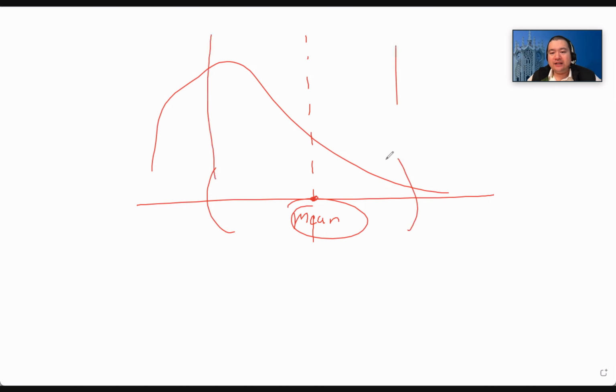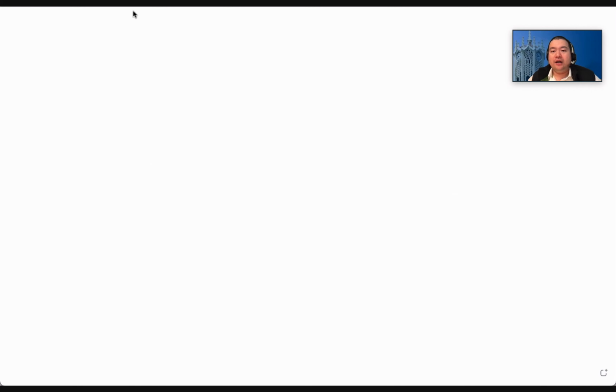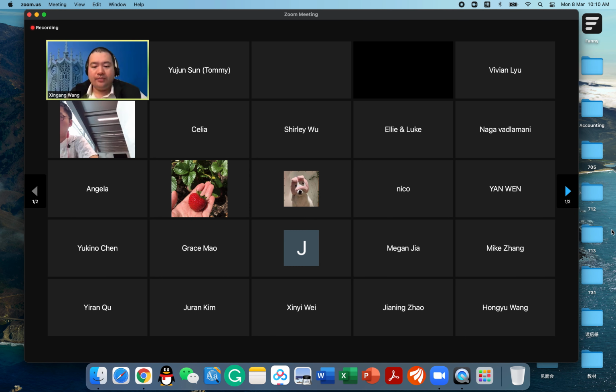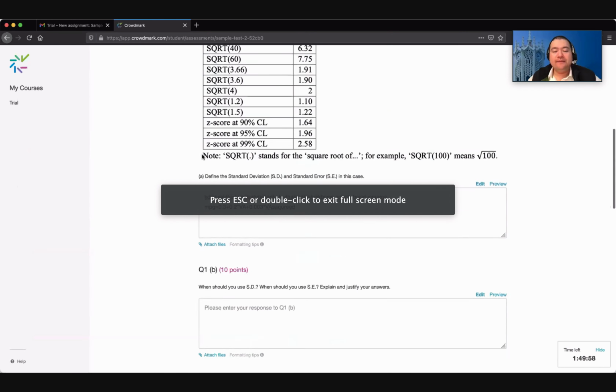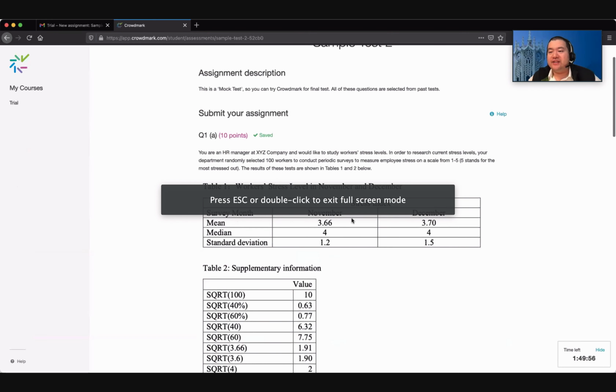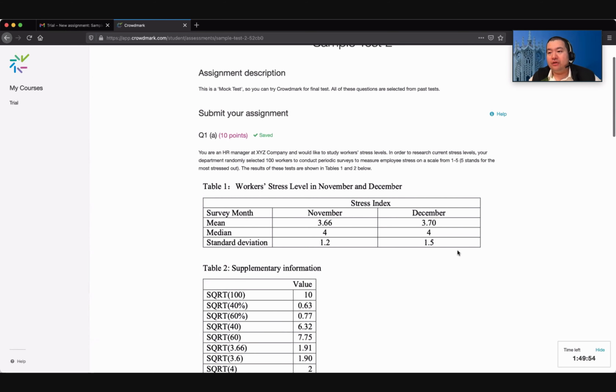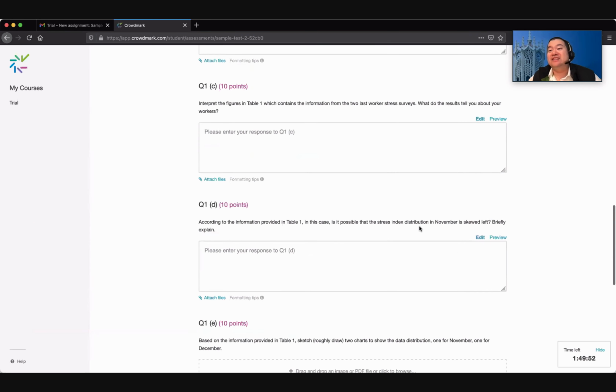Does this confidence interval cover, for example, 95%? No, it is wrong, because this is the data distribution. The data distribution can be found from this table. You can see this table is left skewed or right skewed, but at least it's skewed.